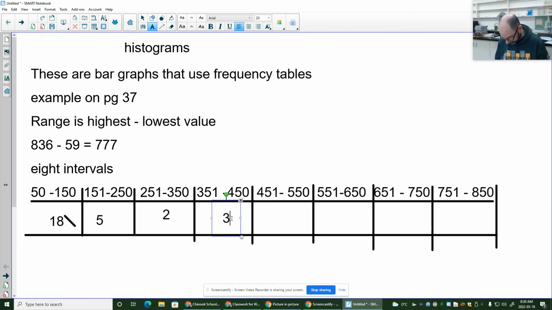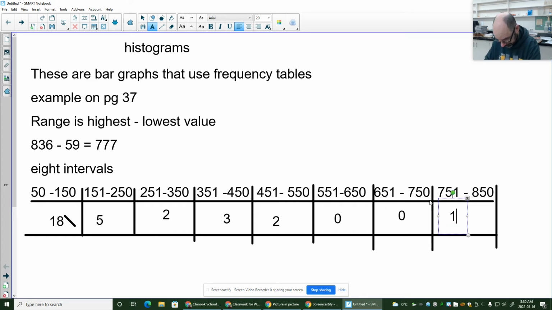Okay, 451 to 550. 1, 2, and there's only one left. No, so there's 2. Okay, and the rest of them, there's only the 800 one left. So that one fits right at the end, just about. So this is a 0. This is a 0. And this is a 1.